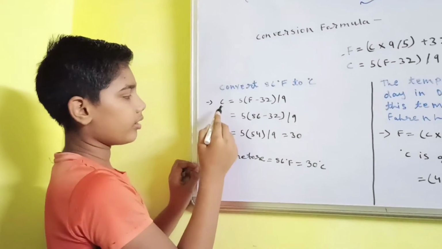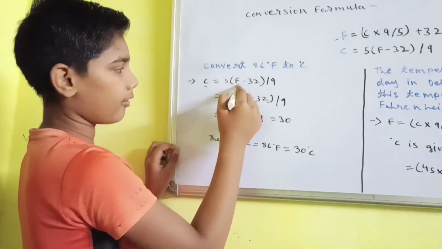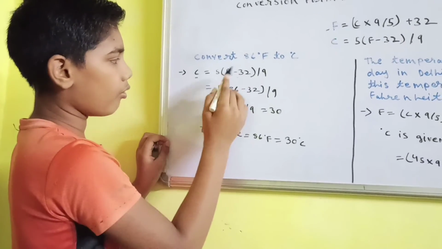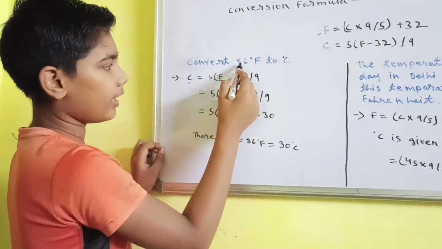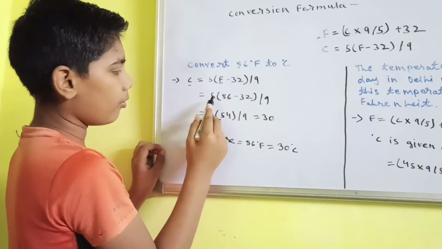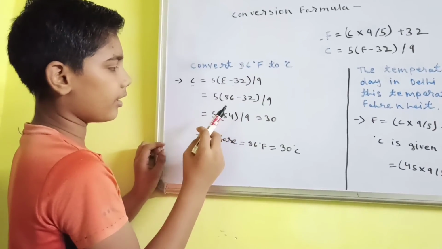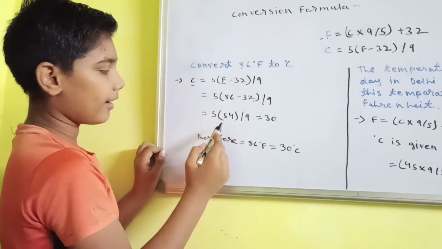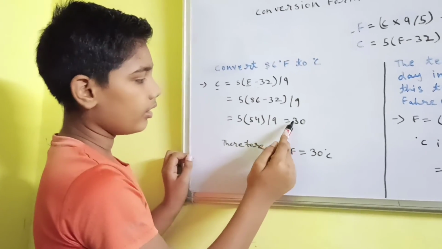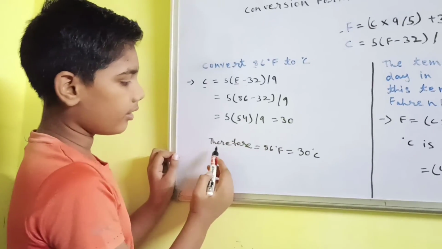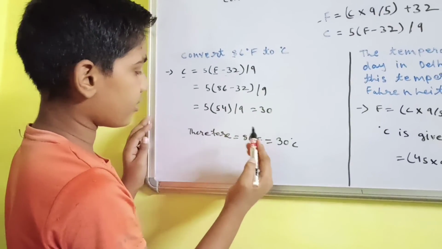C is for Celsius, then 5, then this formula, and in place of Fahrenheit we write 86 degrees. Now we subtract these two and get 54. Then we divide and finally we get 30.